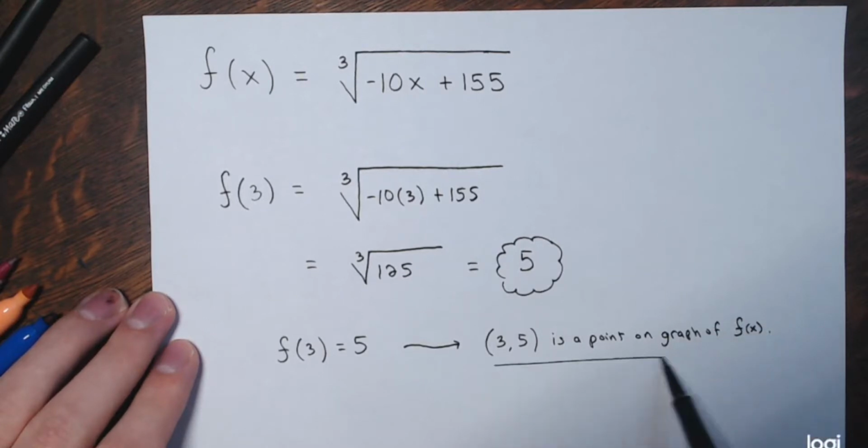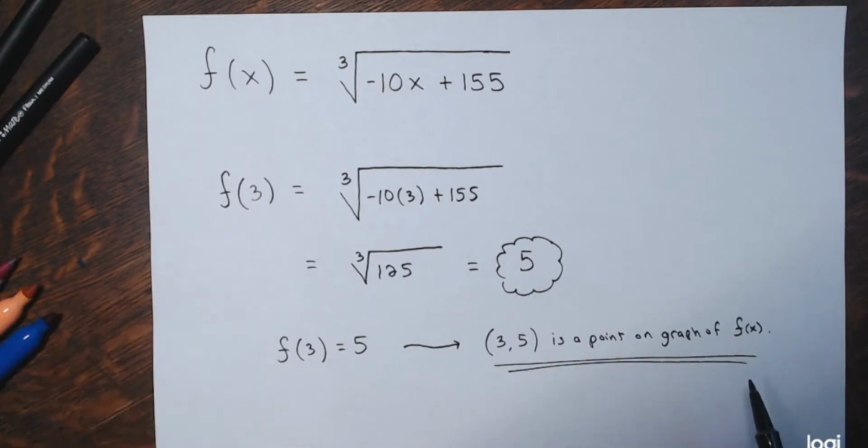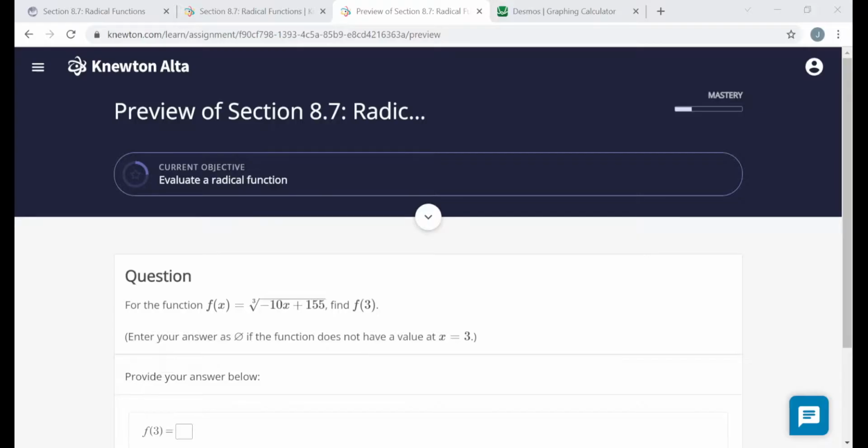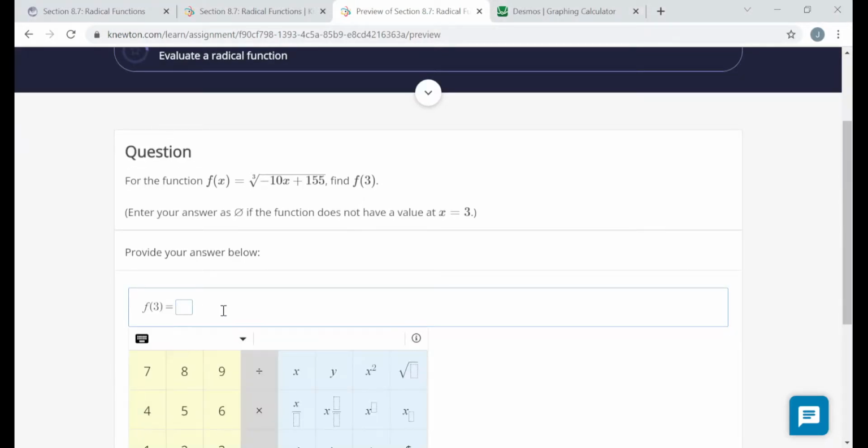We don't need to know this just yet, but one of the other objectives is about graphing these functions. It's just like any function: input, output, that forms an ordered pair, a point to plot on the coordinate plane. But right now, all we want is the output, 5. So that's all I'm entering. f of 3 is 5.